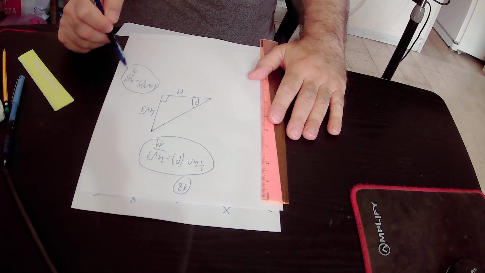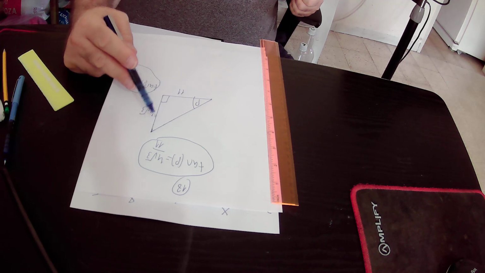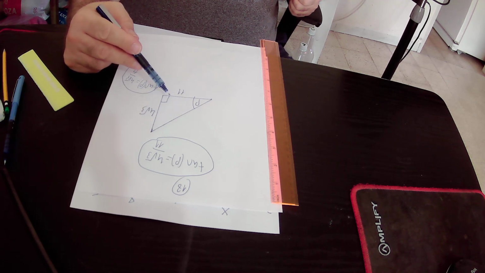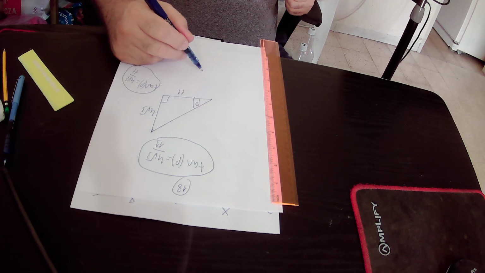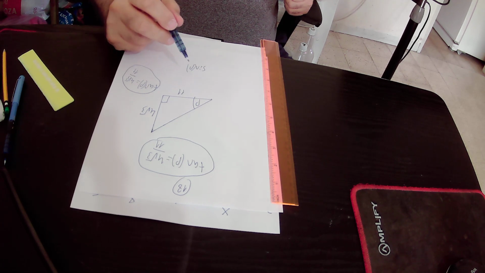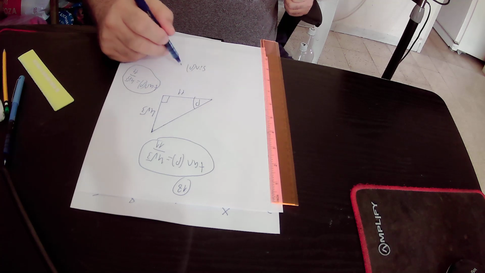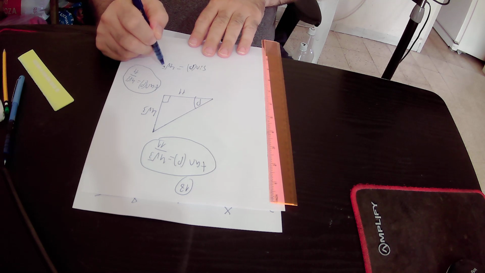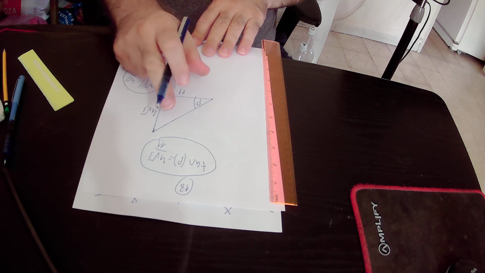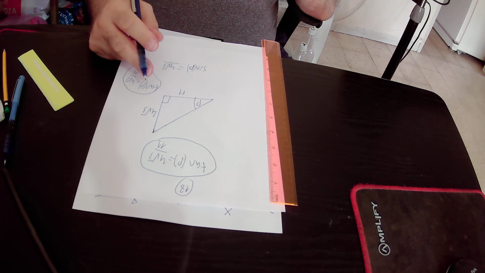So if this drawing describes this function, then from this drawing we can also get the value of sine p. The value of sine p will be equal to the side that is in front of angle p, that is 4 times root 3, over the hypotenuse. And what is the size of the hypotenuse?